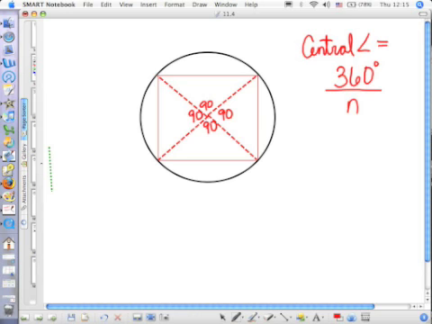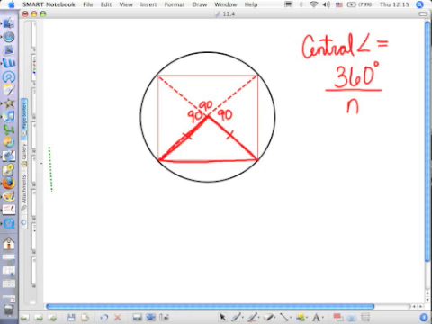Let's focus on this triangle here. What do we know about this and this? They're congruent to each other. So we have an isosceles triangle.